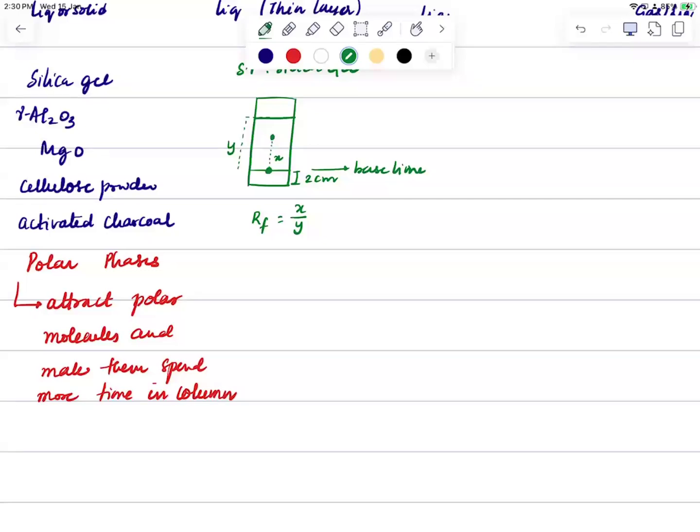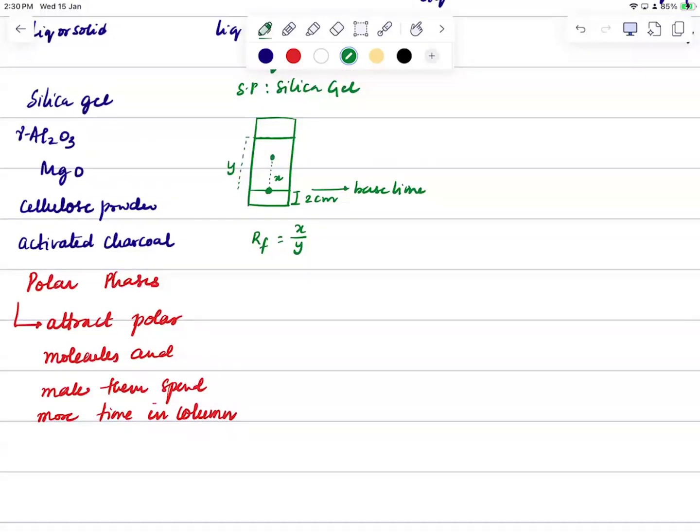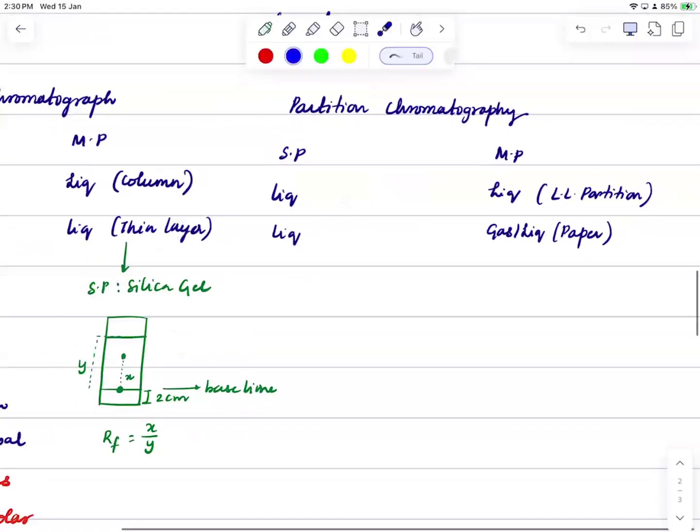Next, partition chromatography is of a very similar kind, correct? Which is paper chromatography as well. Not great details about it, but note down the basic idea about how the mechanism works. Like what your stationary phase should be, which is a liquid, and then a mobile phase, which is liquid or a gas, which will help the spot go different distances.